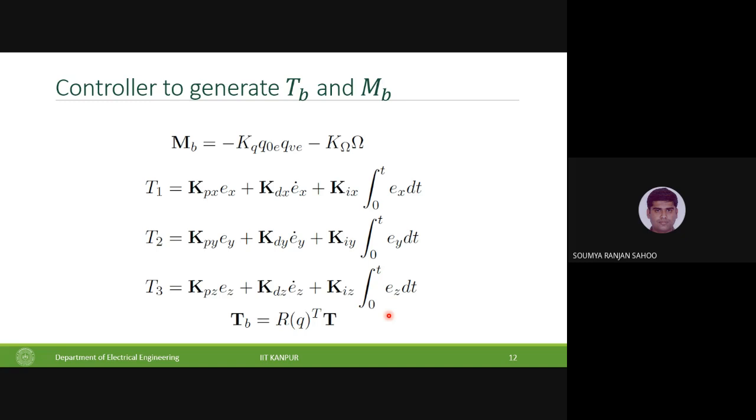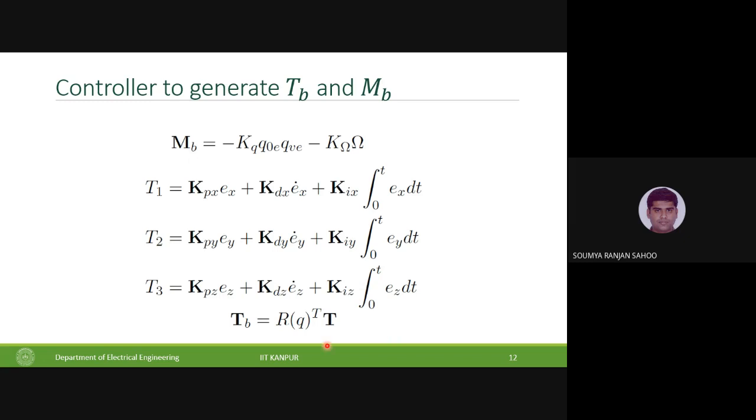These errors go into the controller, and the controller is finally able to give you these control inputs MB, which is the torque, and TB, which is the force. Now this TB and MB can be resolved into desired angular speeds of the rotor and desired rotor tilt angles. Once those desired angles and speeds are realized, the quad is able to execute its motion so that you go closer and closer towards your commanded values. Okay, so this is how you close the loop.